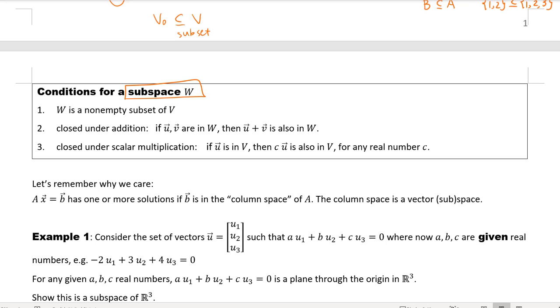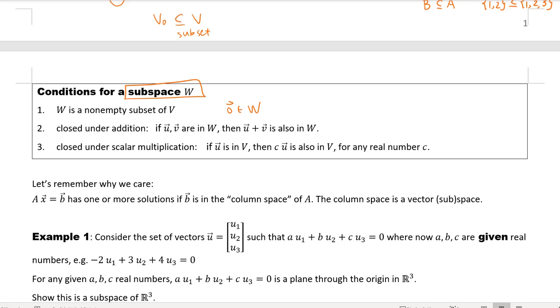Usually when we want to check W is a non-empty subset of V, we check whether the 0 vector is in W. This is always the case: in order for W to be a subspace, the 0 vector must be in W. Why is that?